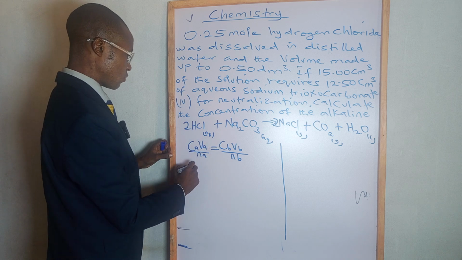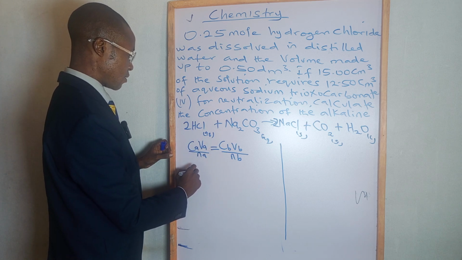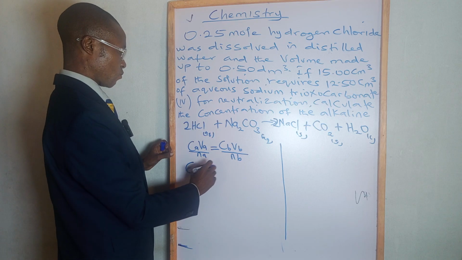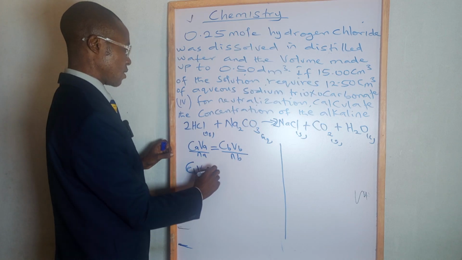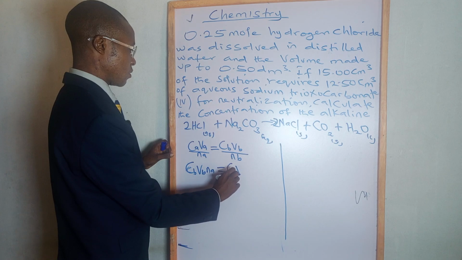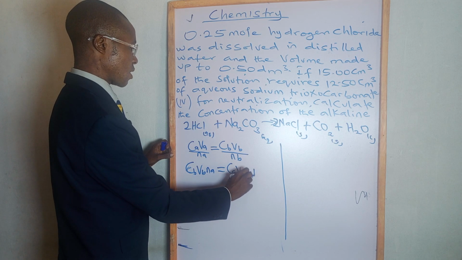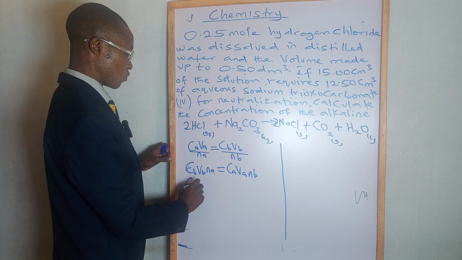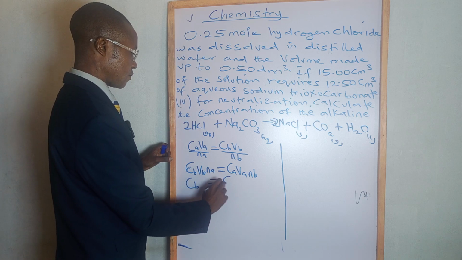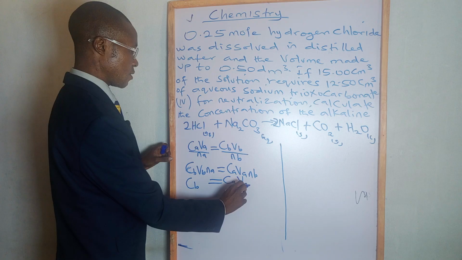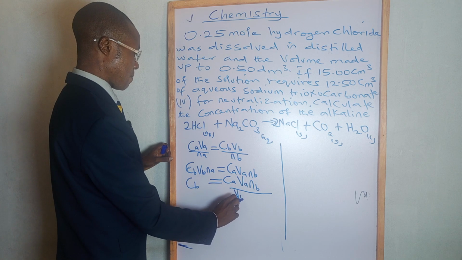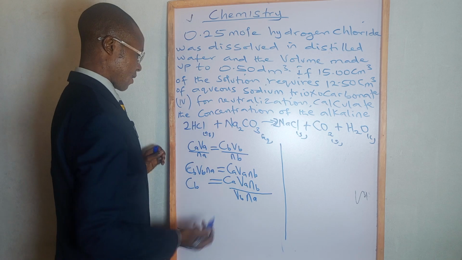By cross multiplication, I have CB VB NA equal to CA VA NB. Then by making CB stand out, I have CB equal to CA VA NB divided by VB and NA.